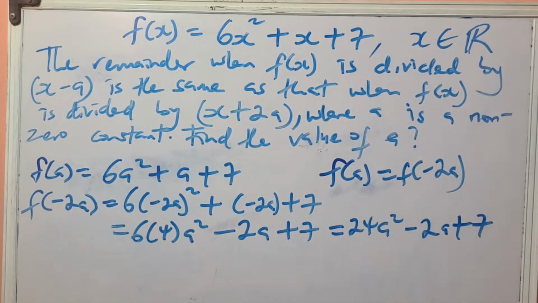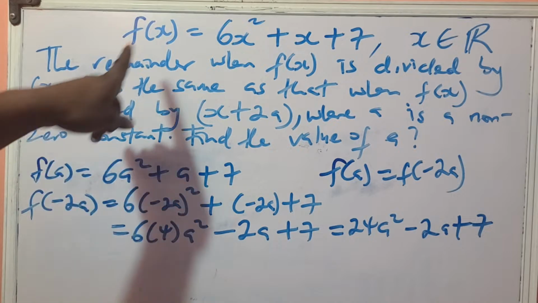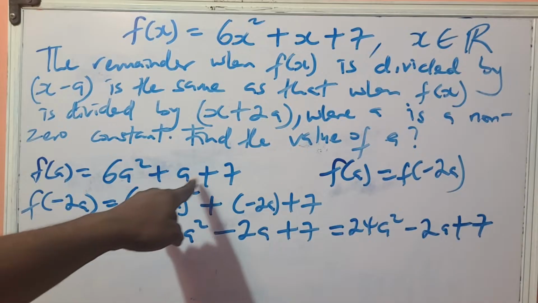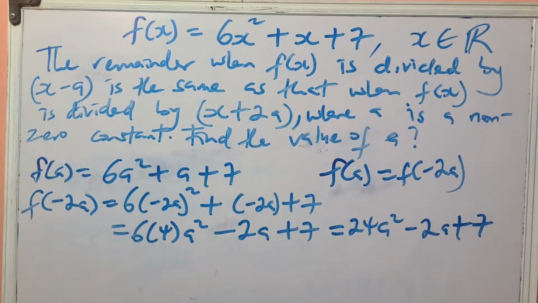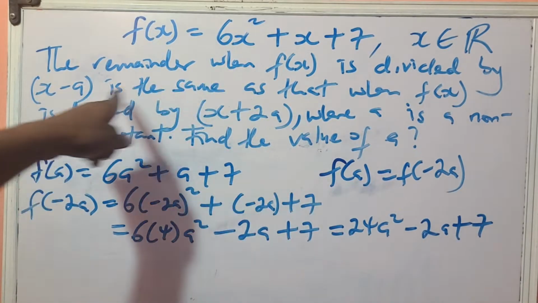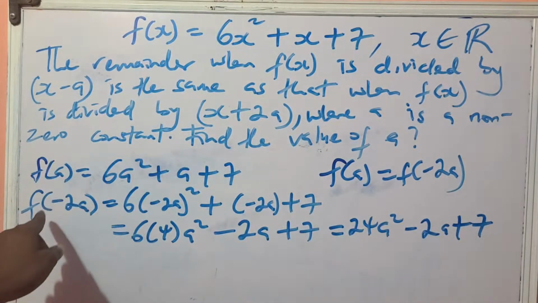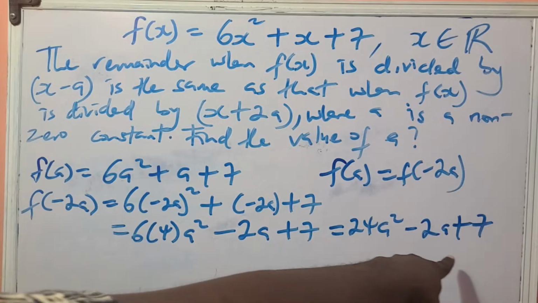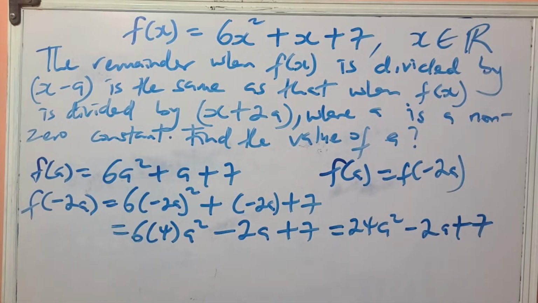All right. Now, the meaning of this is that when I used x minus a to divide this polynomial, this was the remainder. What I see here, 6a squared plus a plus 7, that was the remainder. The same thing goes for when I used x plus 2a. This is the remainder here, 24a squared minus 2a plus 7. But we're told that the remainders are the same.